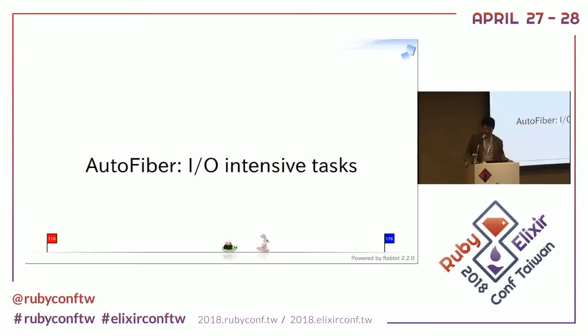We are going to change the name, I'm sure, but the current name is AutoFiber. AutoFiber is a kind of Fiber which switches context on I/O blocking, so that you can create fibers and switch between tasks on I/O blocking, so that we can run as fast as Node.